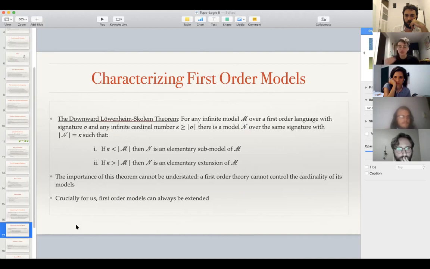So it means you can always grow the model, or you can always shrink the model. And the connection that is preserved is that everything true in the original model remains true in that extension or in the submodel.